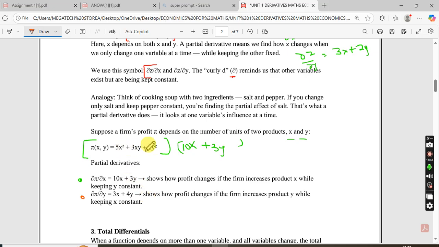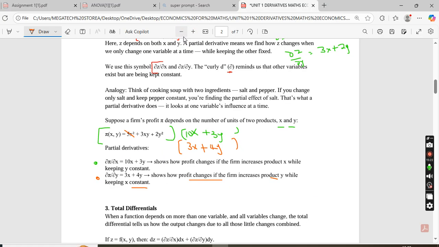So if we derive this function with respect to y, this becomes 3x plus, and this 2y squared becomes 4y. So this partial derivative tells how the profit changes if you increase product y while keeping x constant. Any questions before we move now to total differentials?